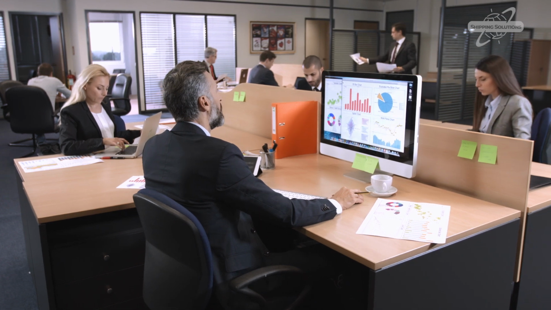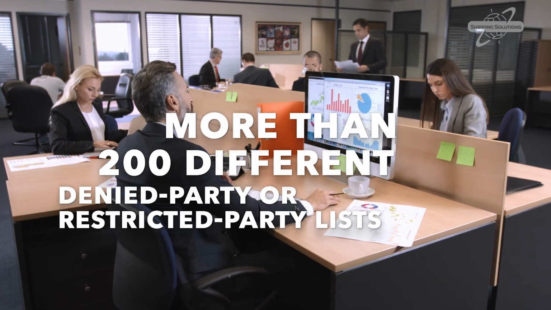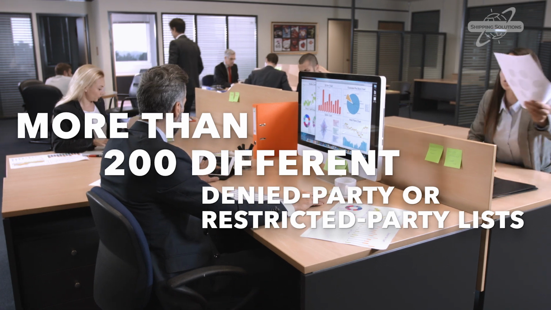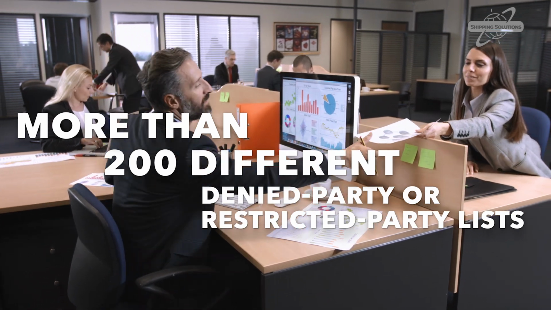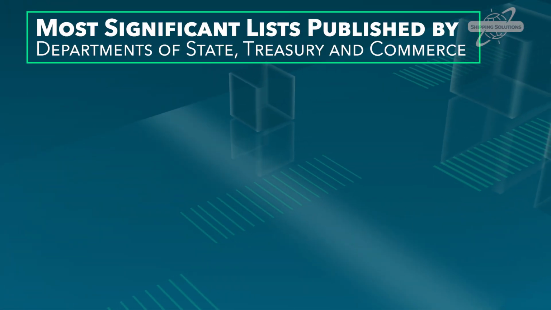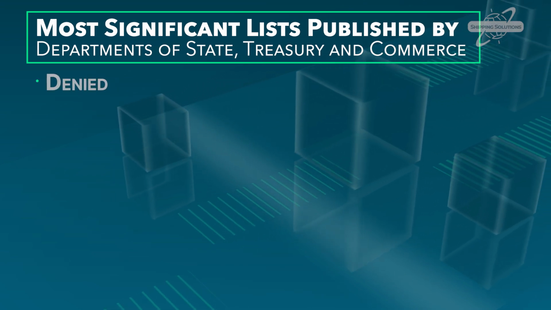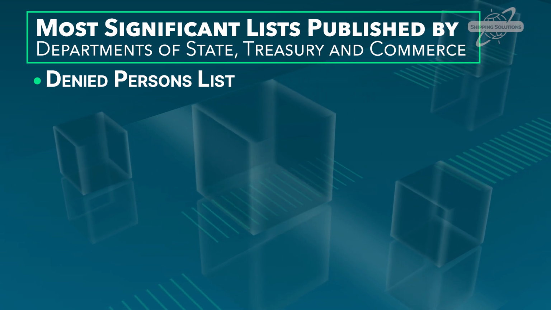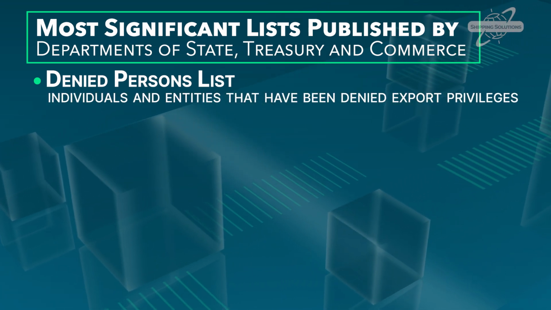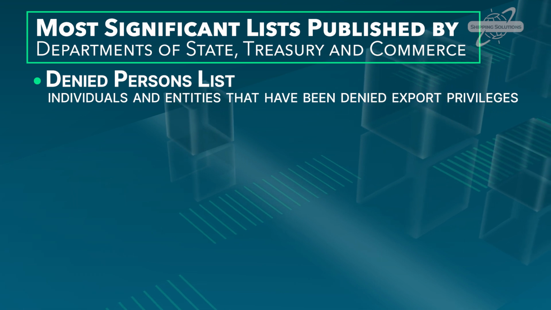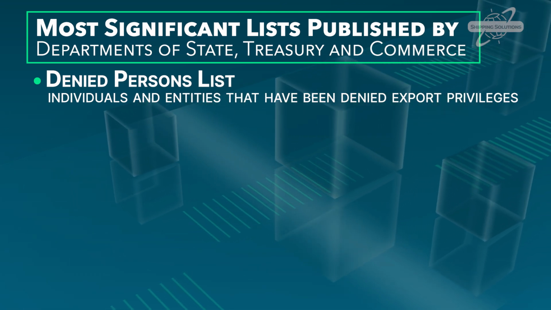These are companies, organizations, or individuals who appear on one of more than 200 different denied party or restricted party lists. The most significant of these lists are published by the Departments of State, Treasury, and Commerce and include the Denied Persons List, who are individuals and entities that have been denied export privileges, including people who are located in the United States.